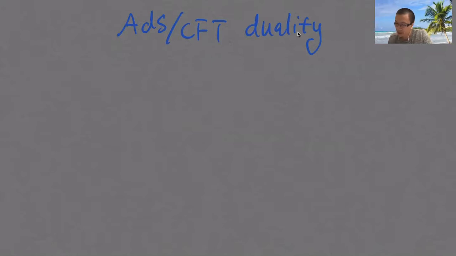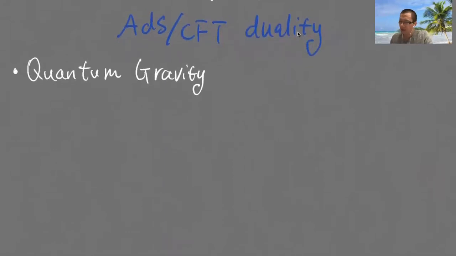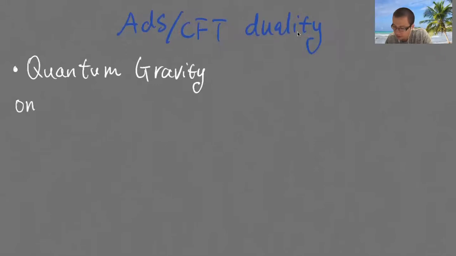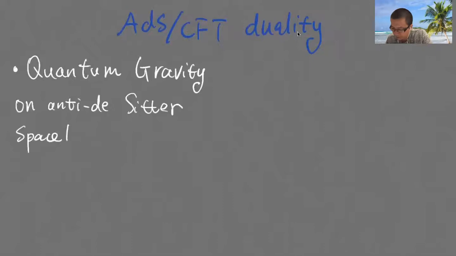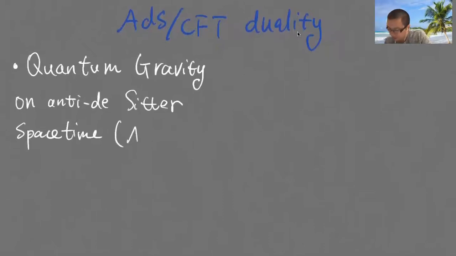On one side of the duality, we have quantum gravity, quantum gravity on anti-de Sitter space-time, say in d+1 dimensions. So we will denote it as AdS d+1.